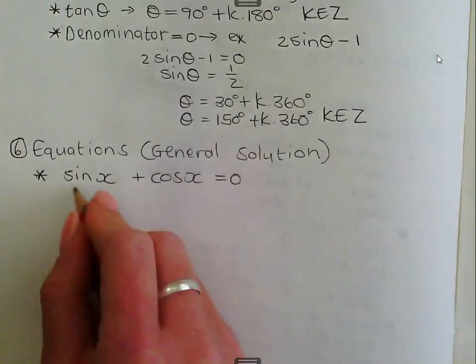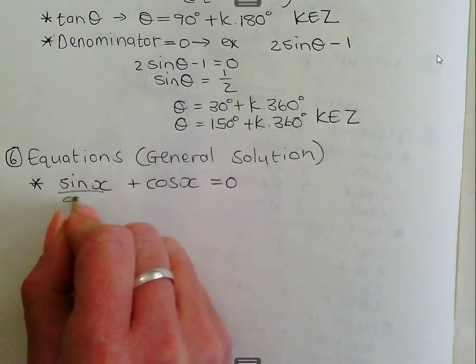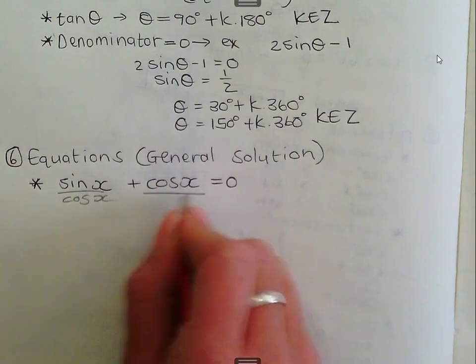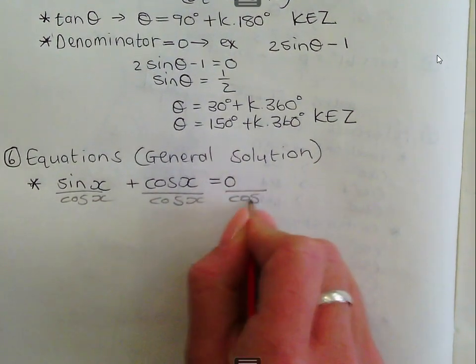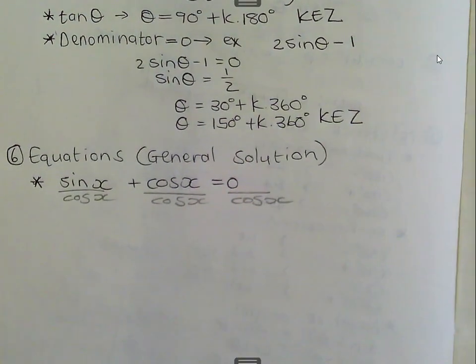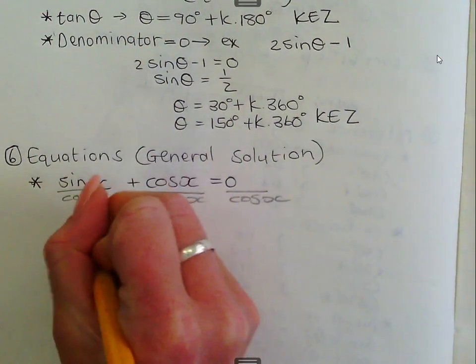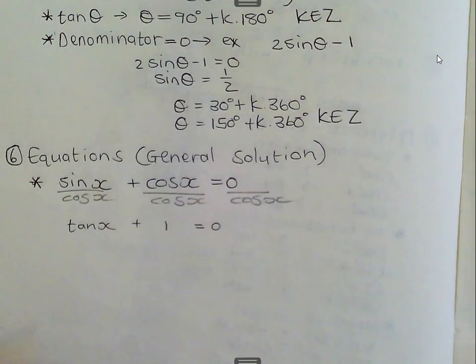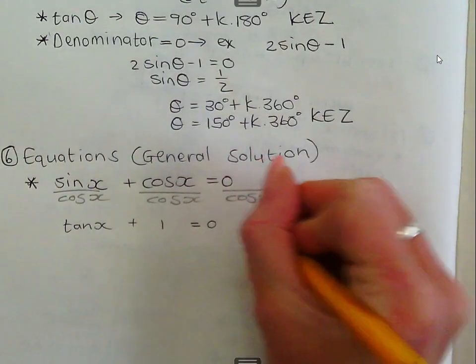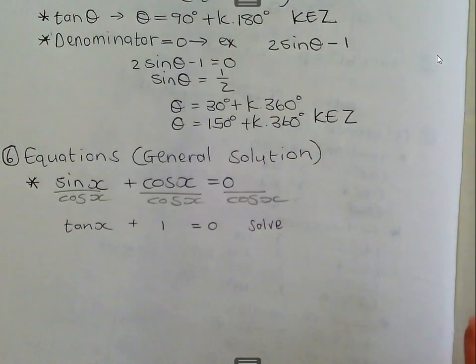What we're going to divide with is cos x: divide by cos x, divide by cos x, and then the first one becomes tan, the second one becomes 1, and the last one remains 0, and then you just solve it. I'm not going to do the example of solving it, no.